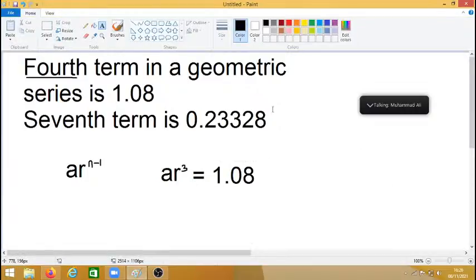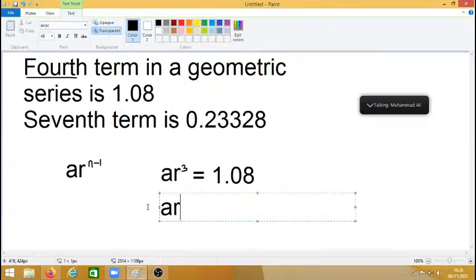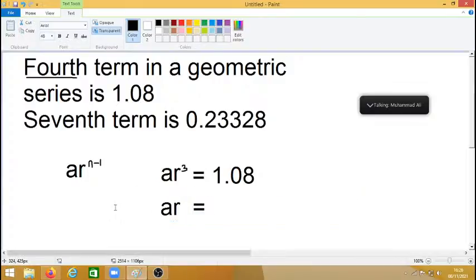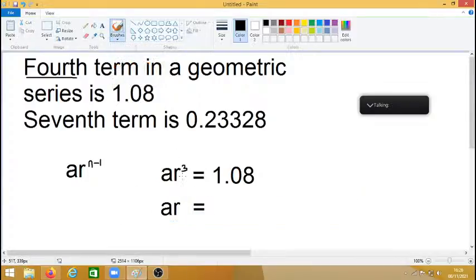From the next line, we take the same formula, a unknown, r unknown, n is 7, so 7 take away 1 is 6. So ar to the power 6 this time is equal to 0.23328.